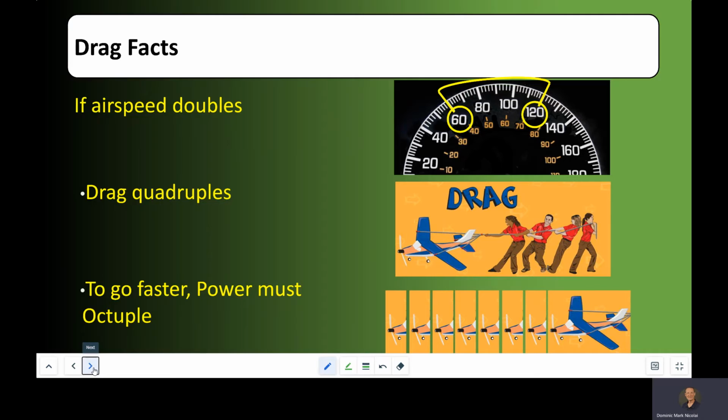So it's a factor of 8. Increase your power by a factor of 8 just to go faster. So this is why we run out of engine power in level cruise flight and can't go any faster. Right? That engine's only so big, so we can only go so fast with it.